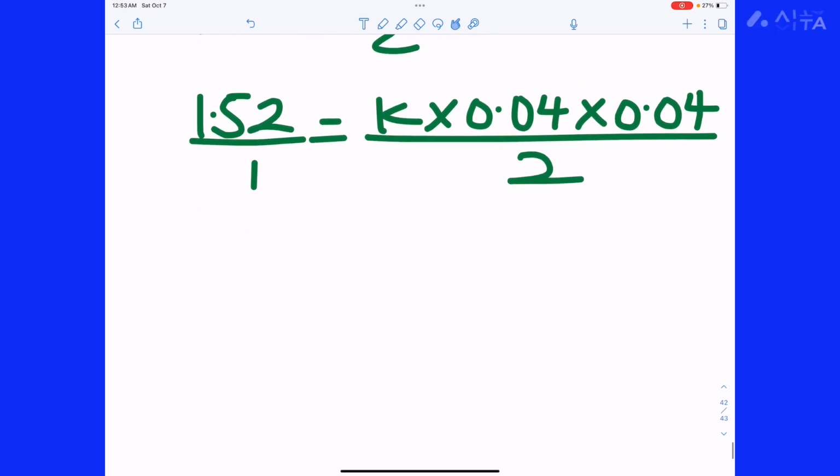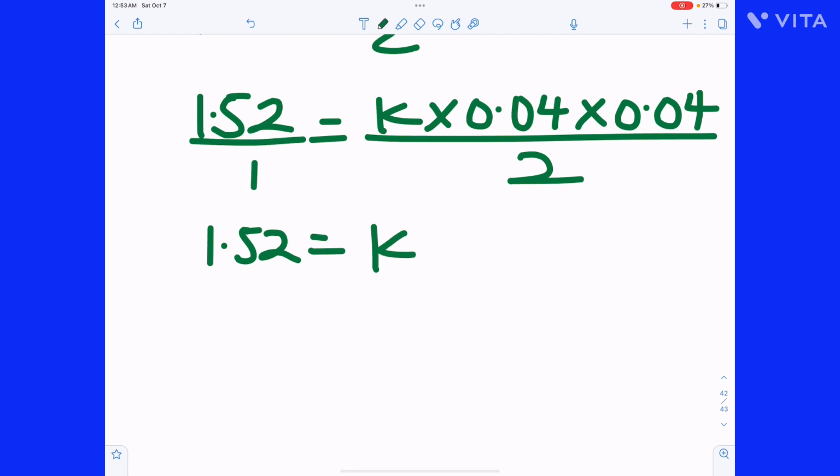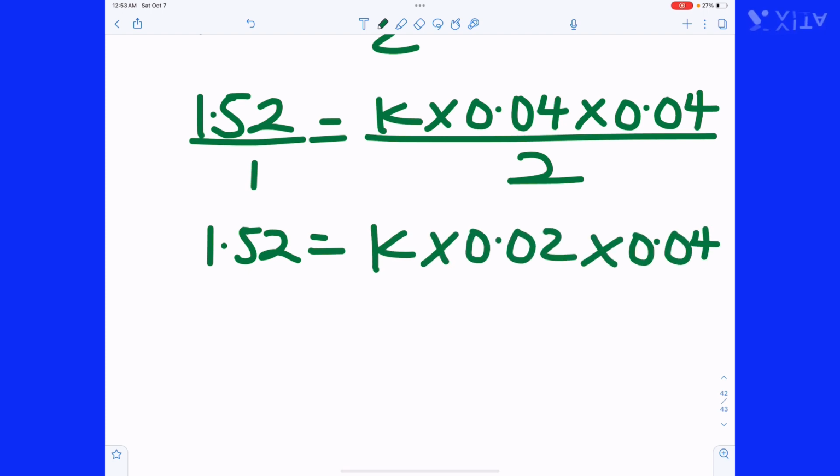So what did we get? Let's just divide: 2 here is 1, 2 here is 0.02. So that gives you 1.52 is k times 0.02 times 0.04.